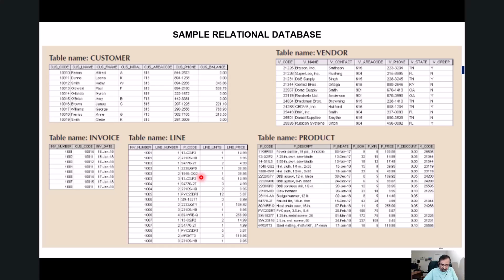All right. For example, if I have invoice number 1001 and I want to know the name of the customer who placed that invoice, I can't answer that question based on this one table alone. So what I have to do is, from invoice, I need to use the foreign key, the customer code, to link invoice back to the customer table.